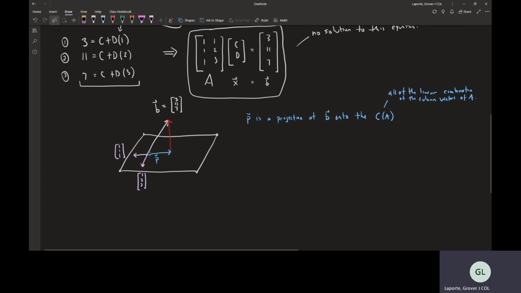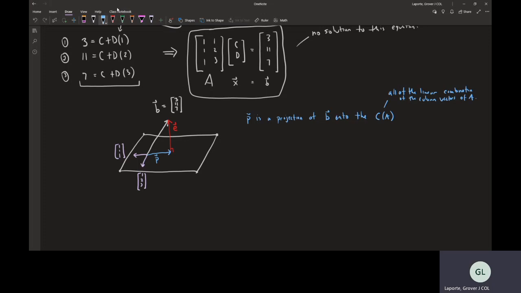And I can definitely get to that particular point. There's some linear combination of 1, 1, 1 and 1, 2, 3 that will get us right underneath, and it's going to be an error vector. It's the amount of error that's in our solution here, so that error vector is orthogonal to that column space.